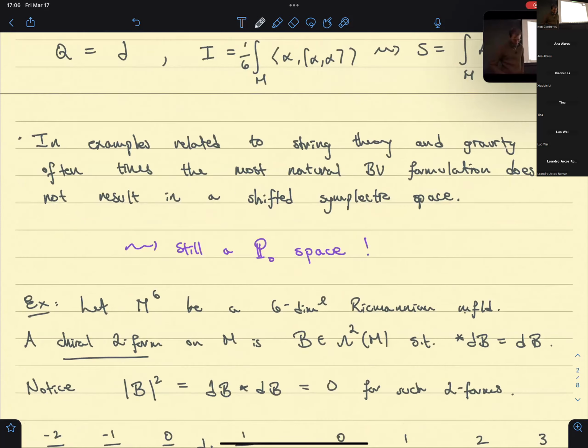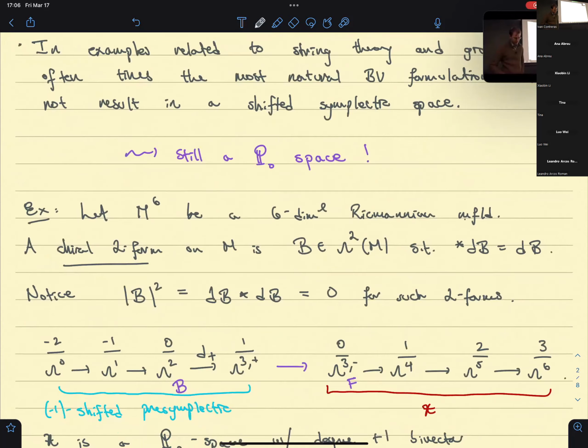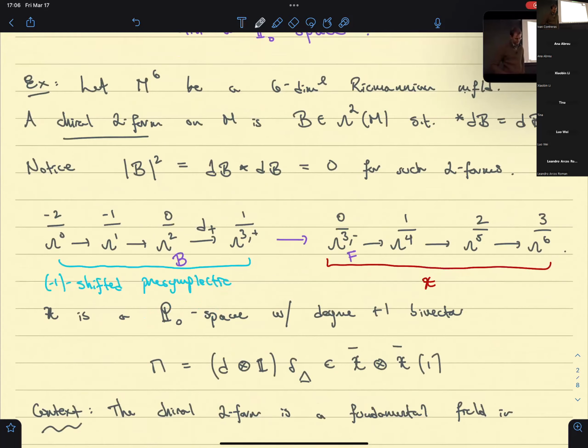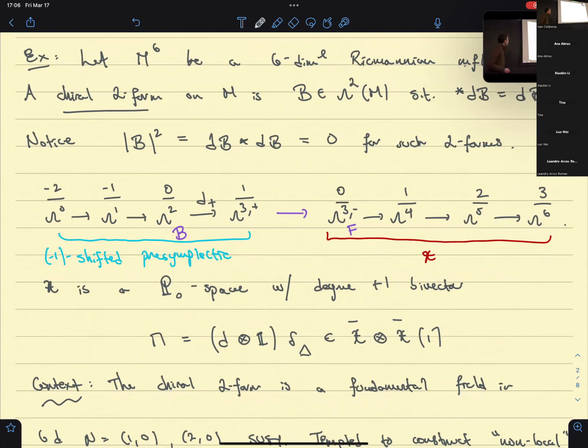Let me explain some manifestation of why you would maybe want to weaken this non-degeneracy condition. These are examples that come very naturally in string theory. What I'm about to explain is relevant to what are called branes inside of an elaborate theory called M theory.